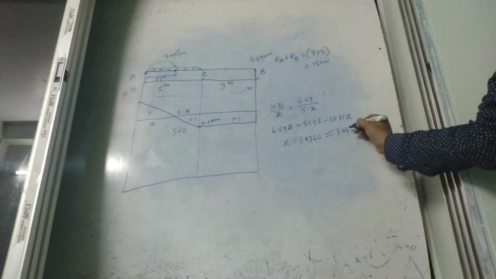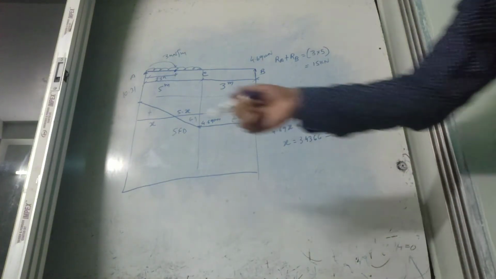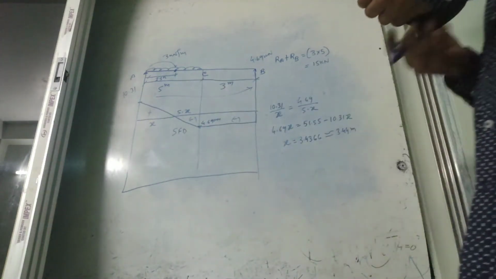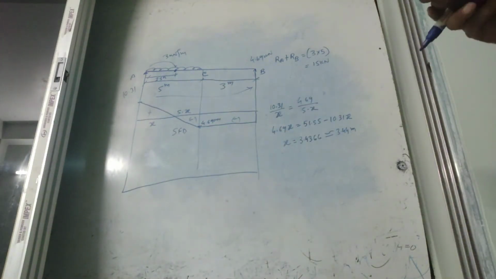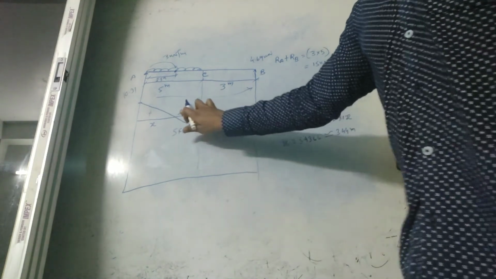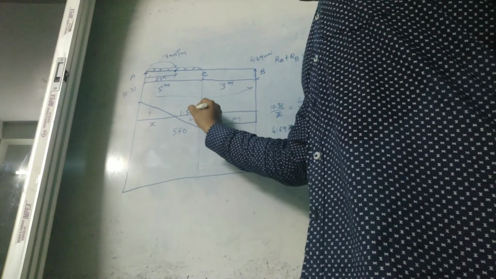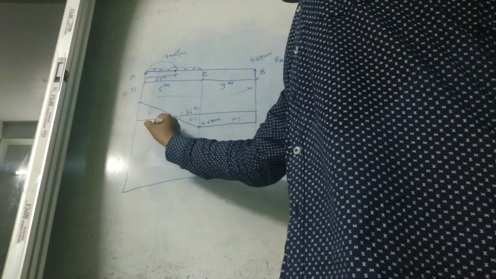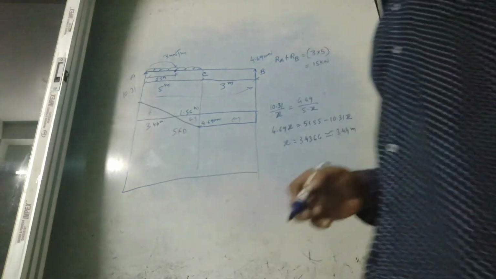I'll take 3.44 meter from this side, and from the other side 5 minus 3.44, that is 1.56 meter, and this is 3.44 meter. Okay.